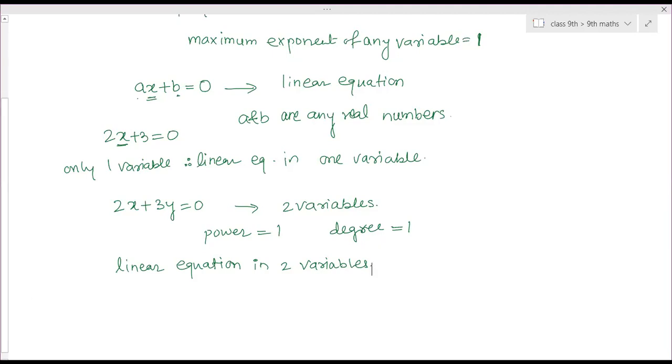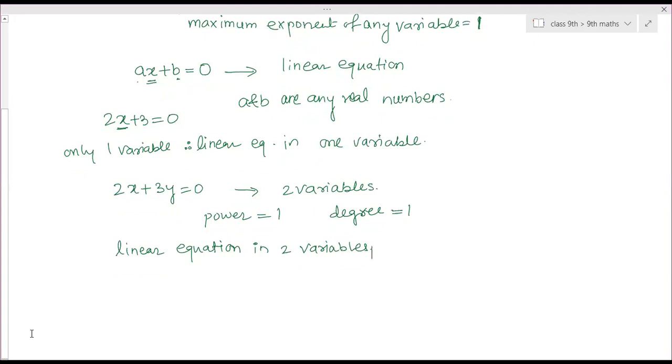So the general form of writing this linear equation in two variables is ax plus by plus c is equal to 0. Now what are a, b, c?